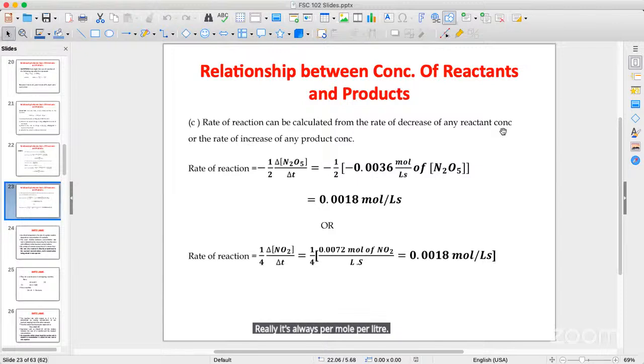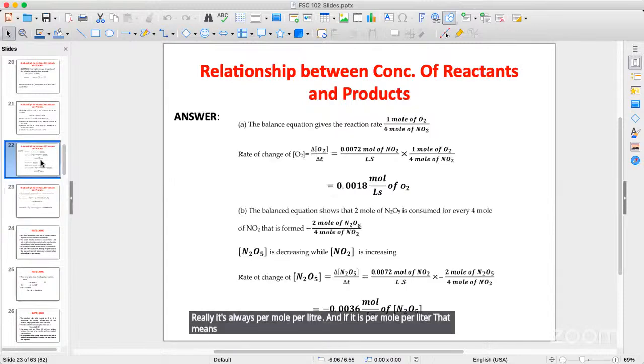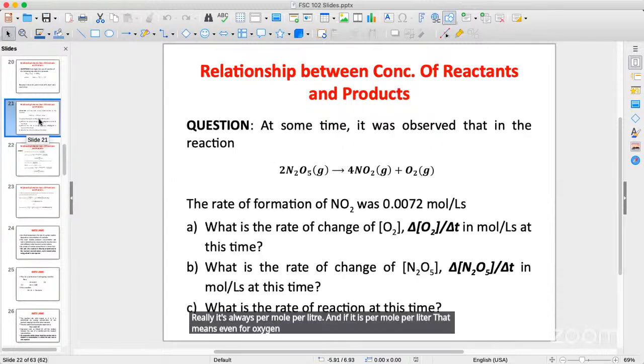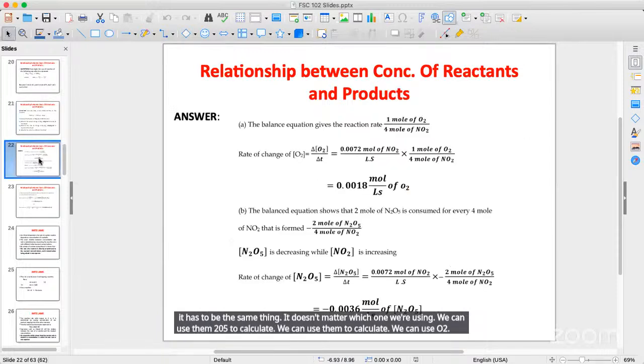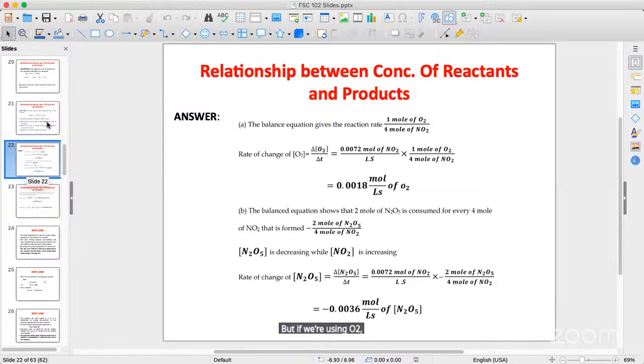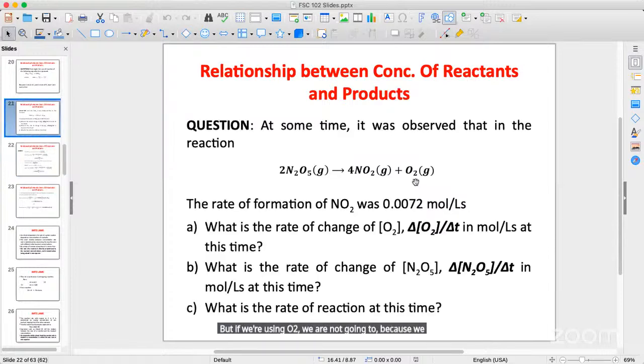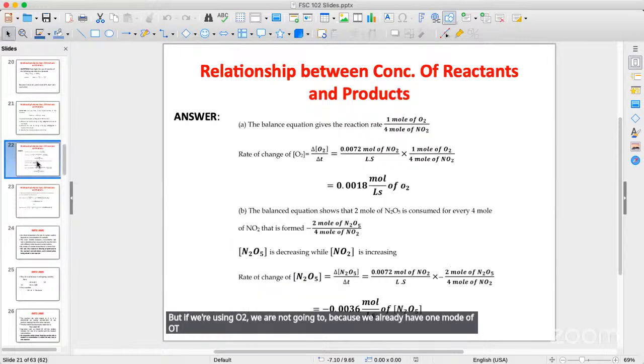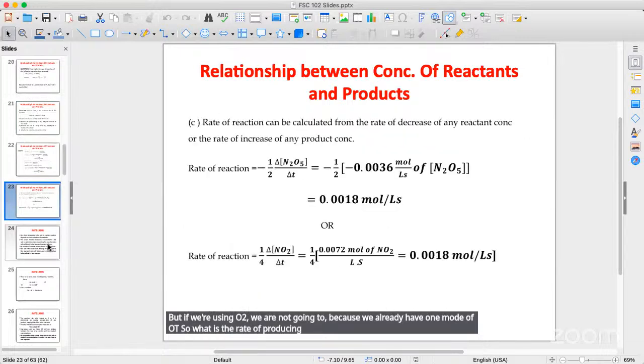And if it is per mole per liter, that means even for oxygen, from this equation, for every one of them, it has to be the same thing. It doesn't matter which one we're using. We can use N2O5 to calculate. We can use NO2 to calculate. We can use O2. But if we're using O2, because we already have 1 mole of O2, what is the rate of producing 1 mole of O2? It is going to be 0.0018.